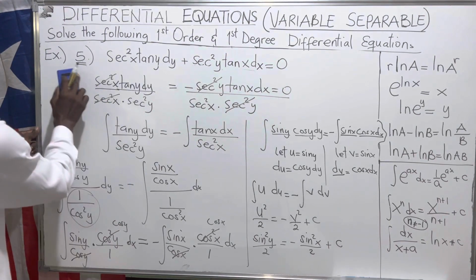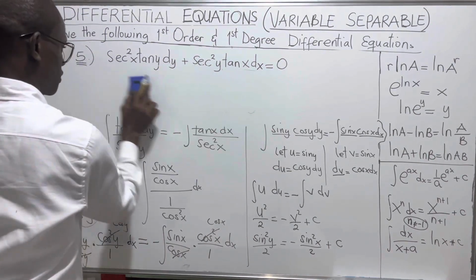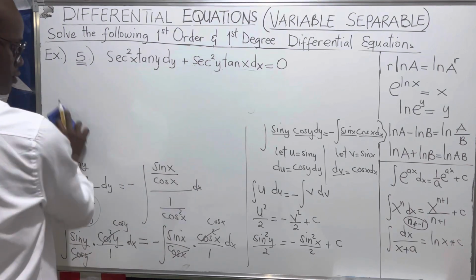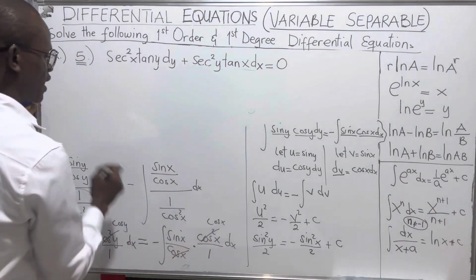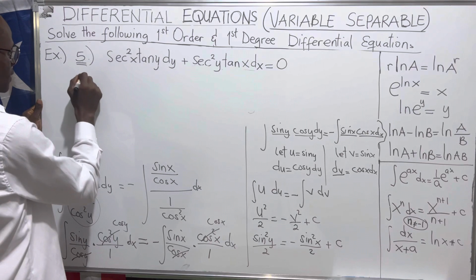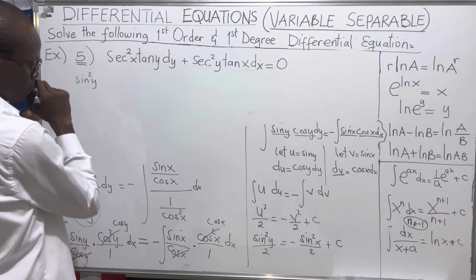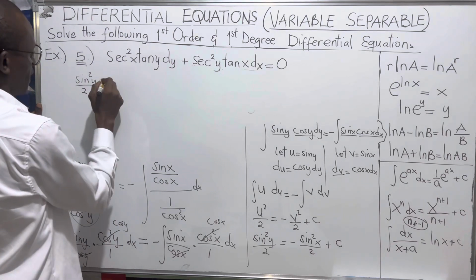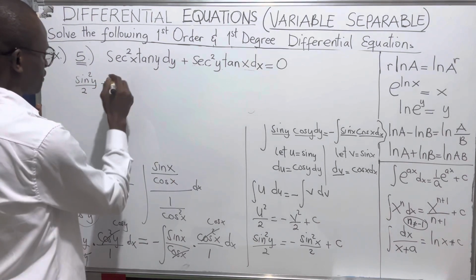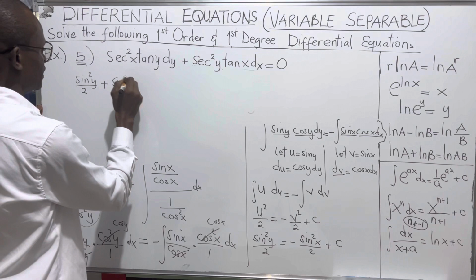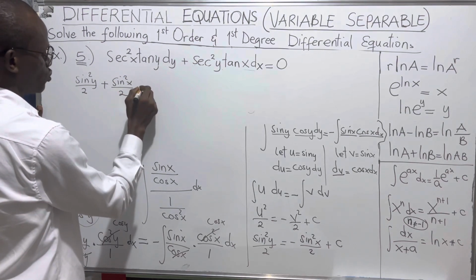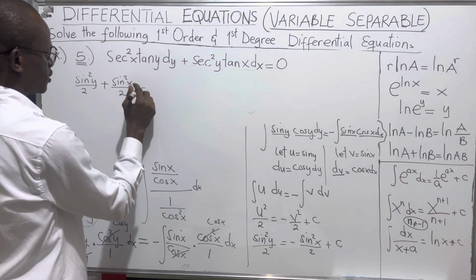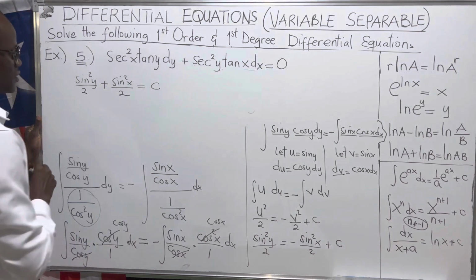So we bring it up here. So now we have sine squared y over 2 plus, because we're sending that one across, sine squared x all over 2 equal to arbitrary constant c.